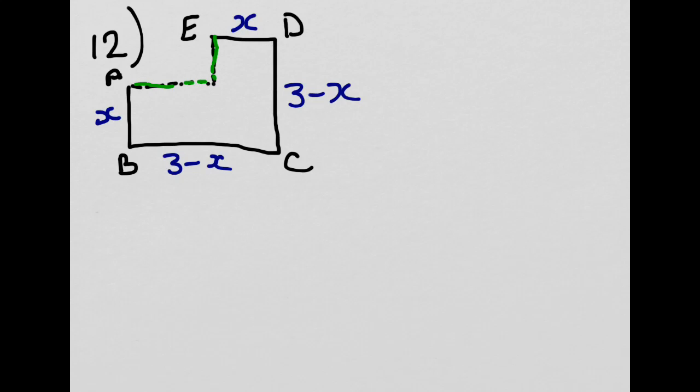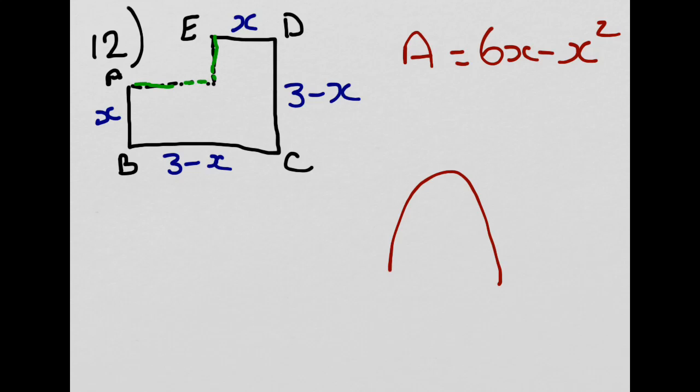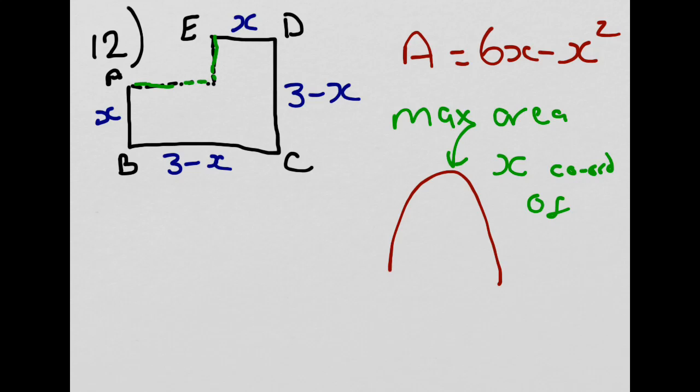Now for part C, we know that the area is equal to 6x minus x squared, and it's asking for the maximum area. Now 6x minus x squared is a maximum parabola. Okay, so the maximum area will be the y coordinate of your turning point.